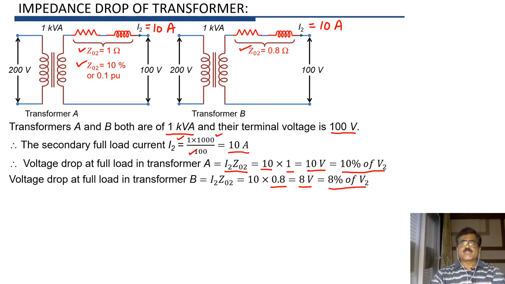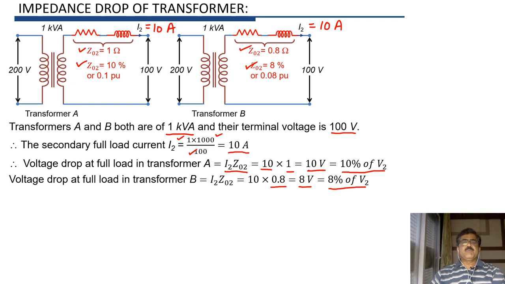So in case of transformer B, we can say that percentage impedance Z02 is 8%, or 0.08 per unit. So you can compare the performance of transformers A and B from these percentage values.